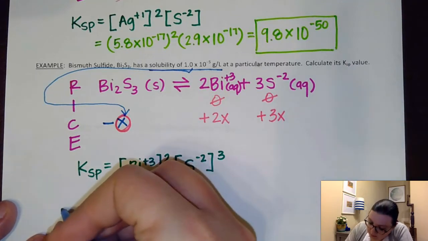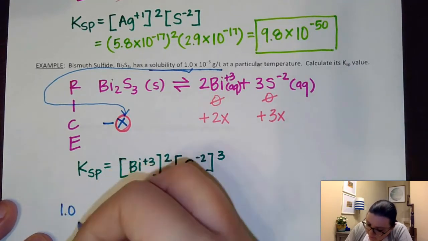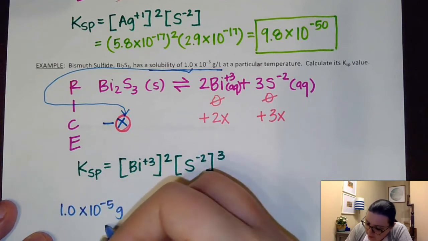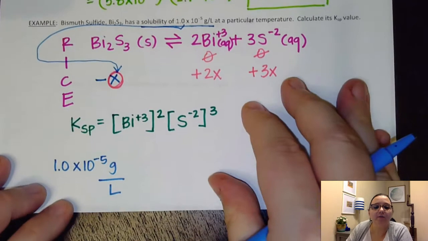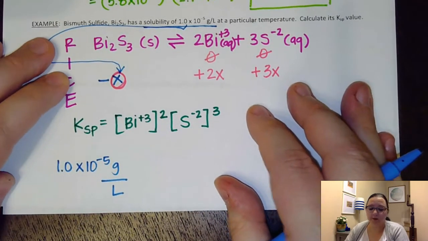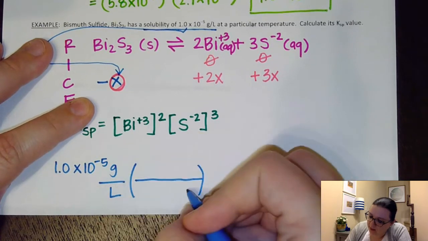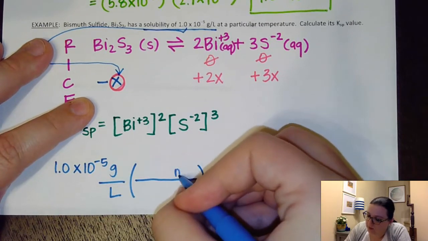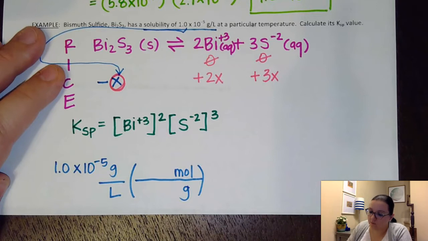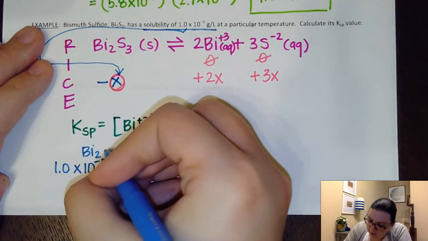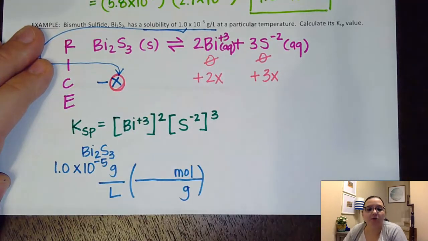So what I'm going to do first is take that grams per liter and convert it into moles per liter. My grams on top would be canceled out if I put it on the bottom, and I want to take it into moles. Again, I'm doing this for the Bi2S3, which means I need the molar mass of Bi2S3.